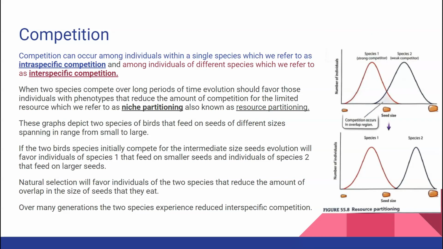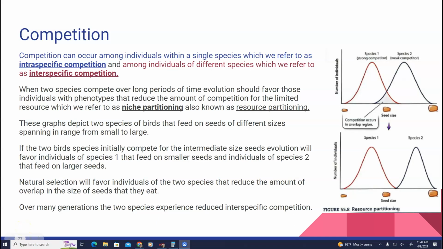and within competition we have intraspecific competition, which is among individuals within a single species, and interspecific competition, where species compete with different species. Competition over time could lead to niche partitioning because species don't really want to compete with each other.